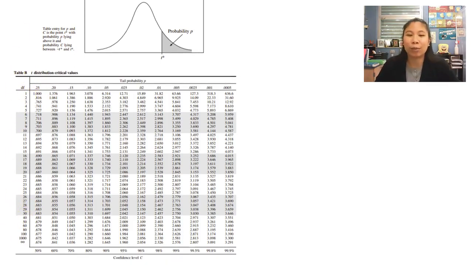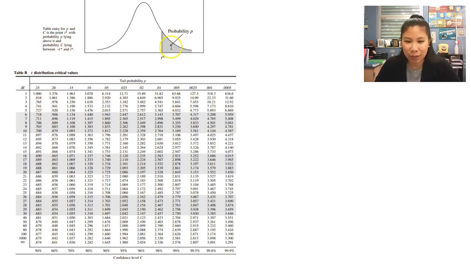Another difference with this table is that it tells you the tail probability going across the top. So it's totally different from z-scores, with the first decimal and second decimal going across the top. Tail probability basically means what area is at each of the tails. So here, this first row where it says 0.25 as the tail probability, that means this shaded area is 0.25, so 25%.